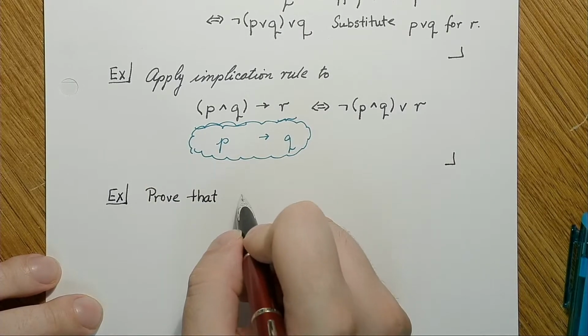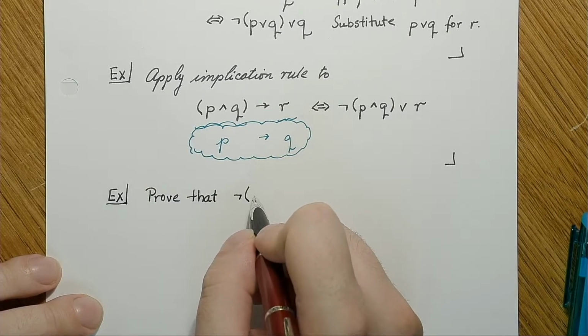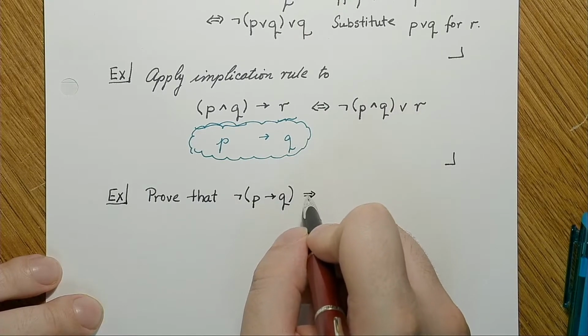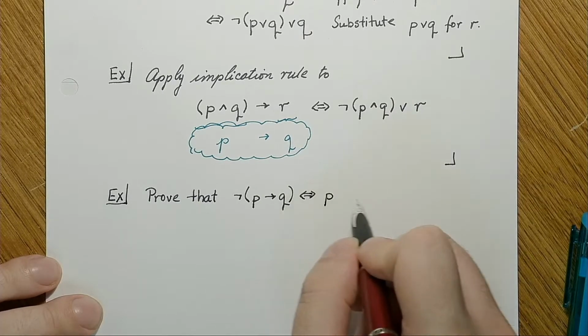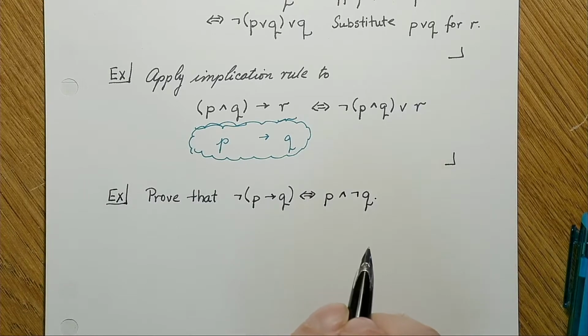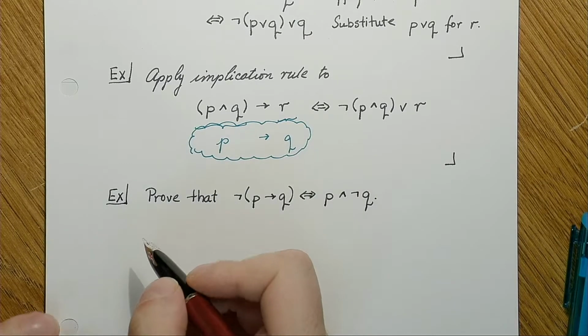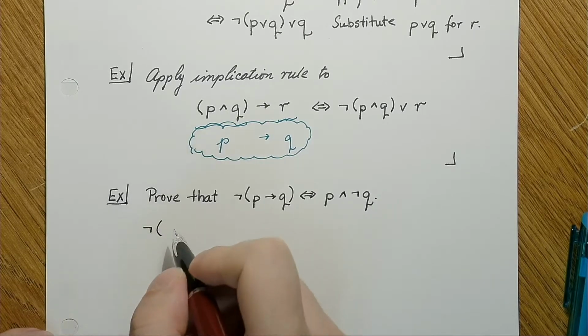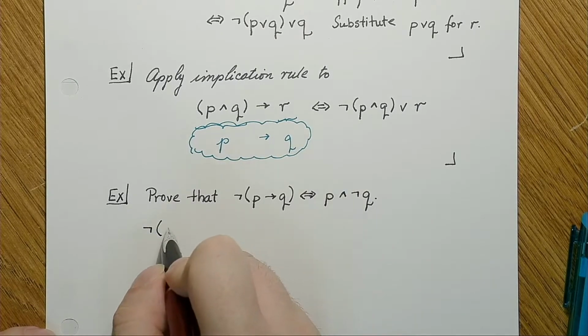So now we're going to prove that not P implies Q is logically equivalent to P and not Q. So we start with the left-hand side of this.